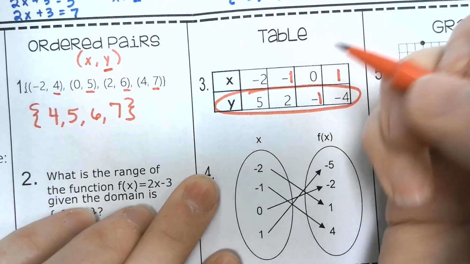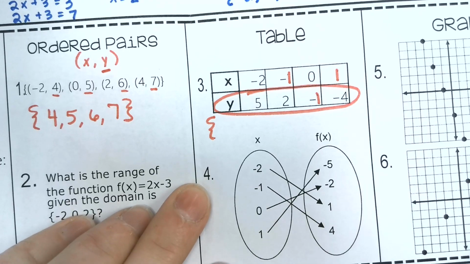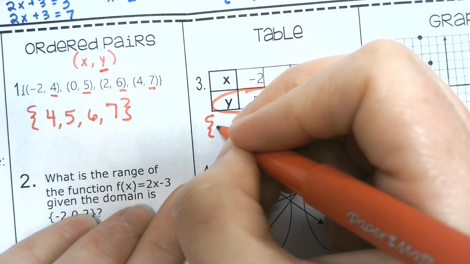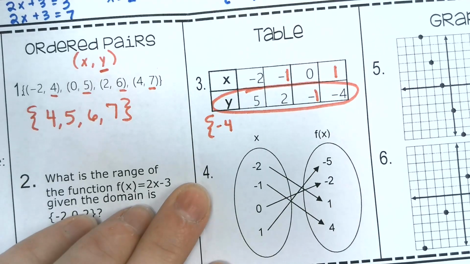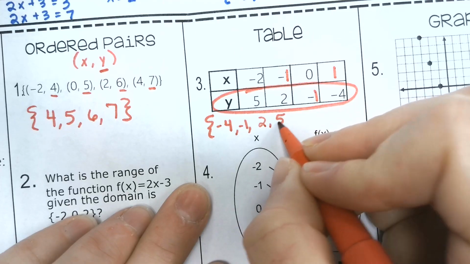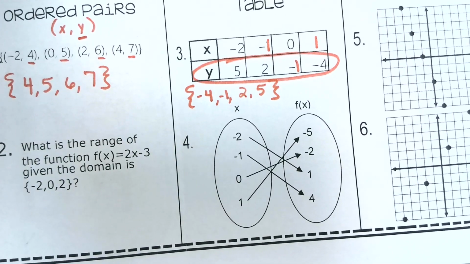All right, so our range is going to be, let's put them in order from least to greatest. What's the smallest y value? -4. And then -1. Then 2, 5. So that's from a table.